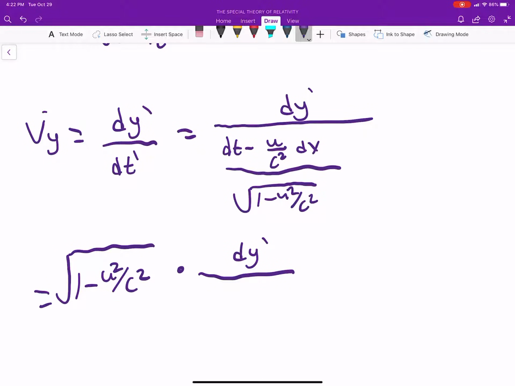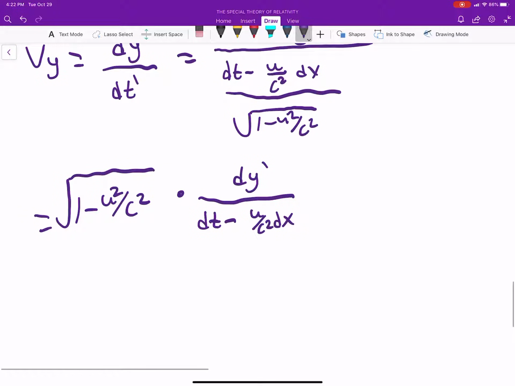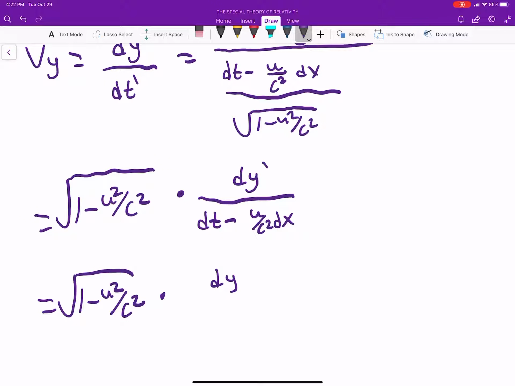all over, well, what do we have? We have delta t minus u over c squared delta x. And we can factor delta t out from the bottom. So let's do that. Times dy over dt, 1 minus u over c squared dx over dt, if we factor out the dt.